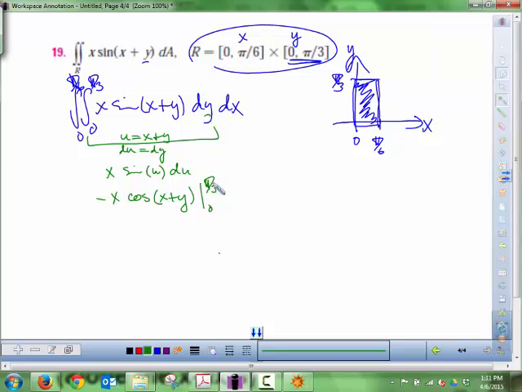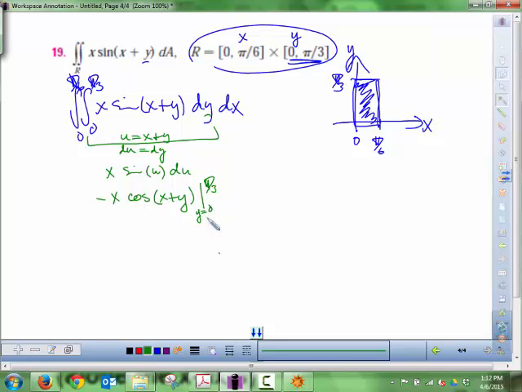Now, this 0 to pi over 3, remember, is the value that you're putting in for the y. So in the first example, we got rid of the y's and put it outside, all the way outside, while we integrated with respect to x. So this time, the x's and the y's are still present here. And so just for your own sake, for my sake, I usually put down the value of the variable that I'm putting the numbers in, just so I don't confuse myself.